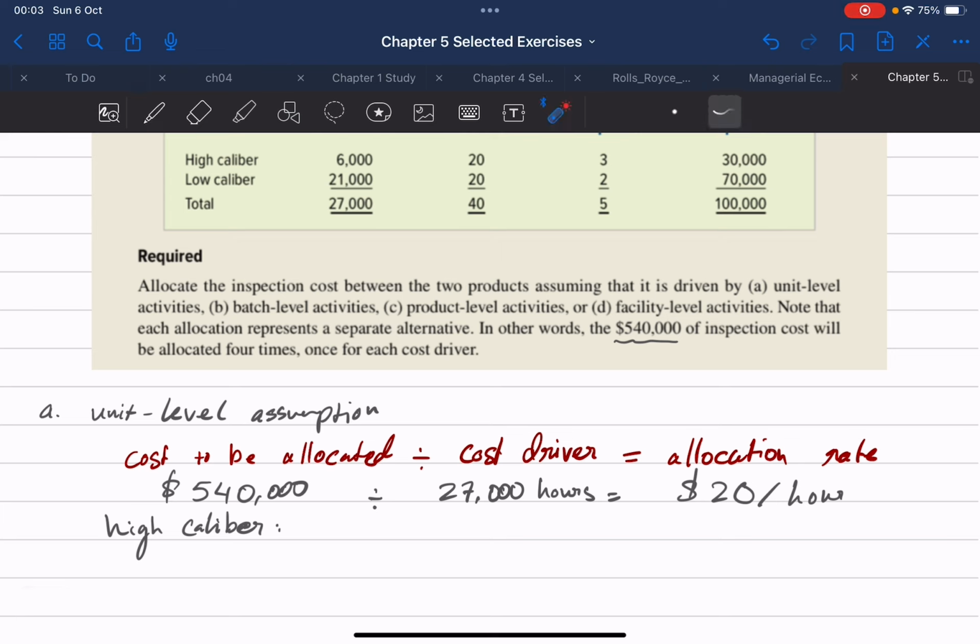The company has determined that high caliber consumes 6,000 hours of labor. So we could say 6,000 hours multiplied by our allocation rate, which is $20. That should give us the cost allocated to high calibers. So let's use the calculator. 20 multiplied by 6,000. That's $120,000.